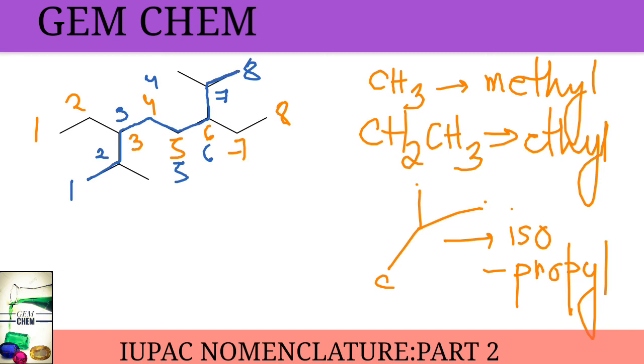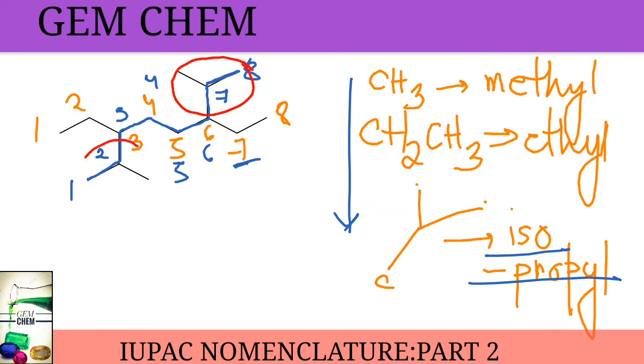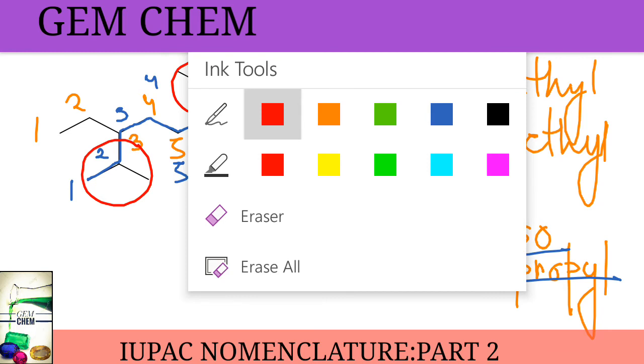So what is important to understand is isopropyl group is least preferred in these 3. If we had considered the orange ones, then we would have got the isopropyl groups, that is this one and this one. But we ignore the isopropyl groups and we require methyl and ethyl groups for our preferences.